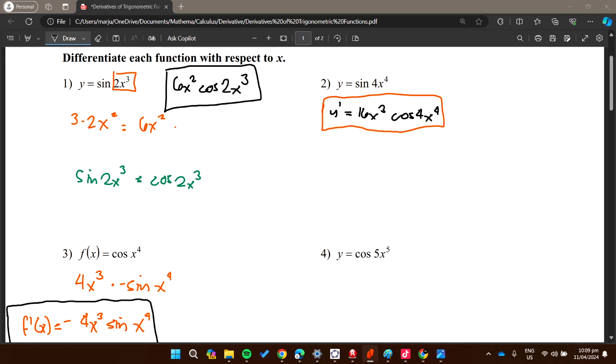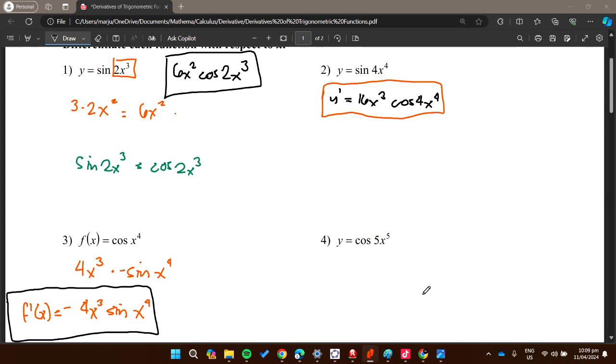Let's do number 4. So again, number 4, do first. Chain rule tayo. So, do this one first. That gives you 25 x to the fourth power. Then again, multiply it by the derivative of cosine, that is just negative sine 5 x to the fifth.